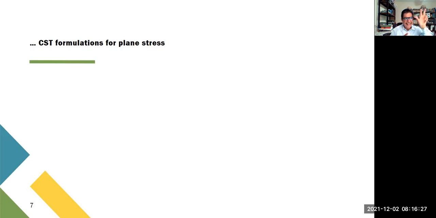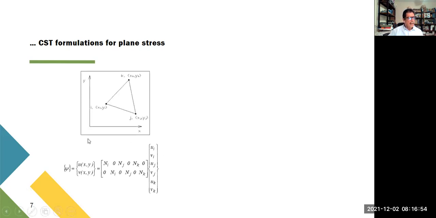So let's try to find these three values: ui, uj, uk, and also the v's. So in reality, we have six unknowns, three u's and three v's. So we are only trying to find six values instead of trying to find the continuous function in this element, accepting that there could be some error.